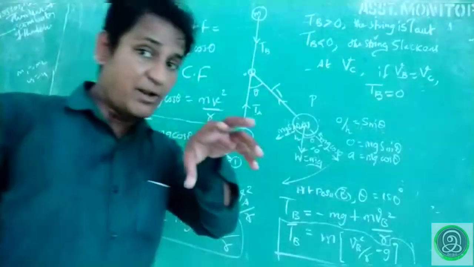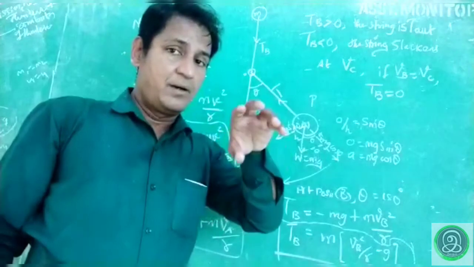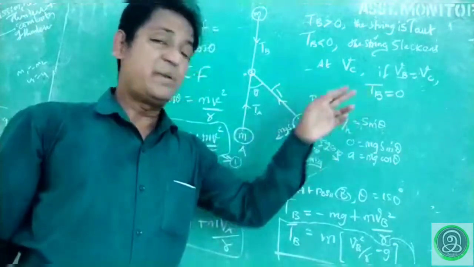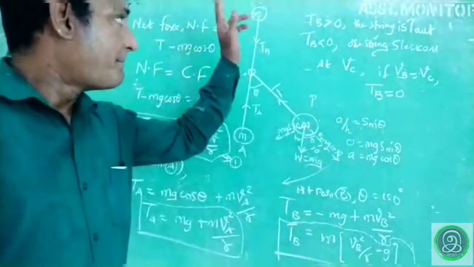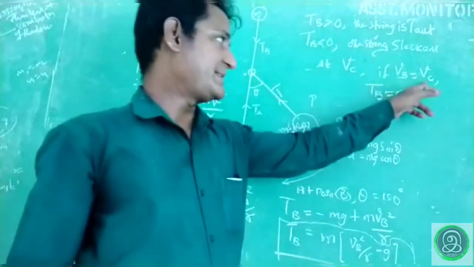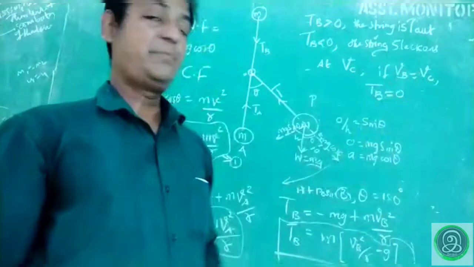There is a critical velocity at which Tb becomes 0. If the velocity at position B is equal to that Vc, the critical velocity, then Tb equals 0.